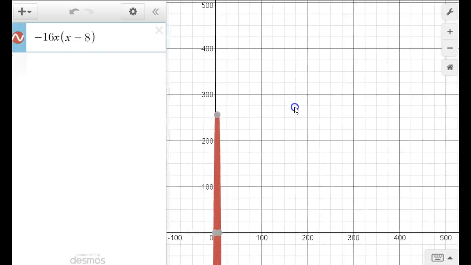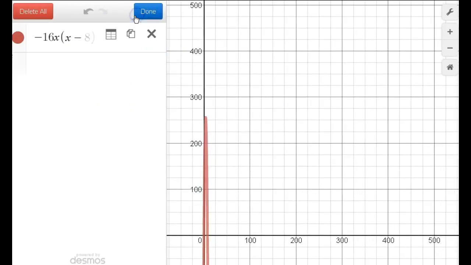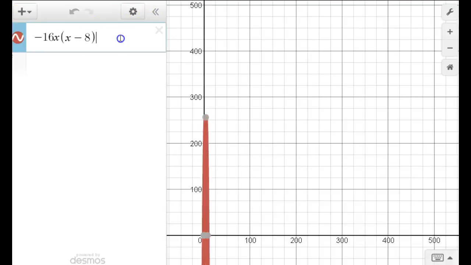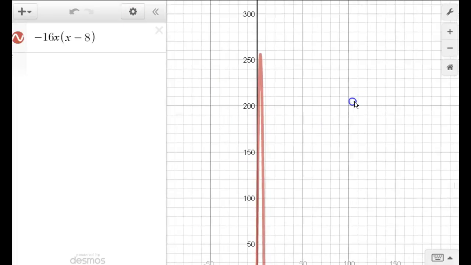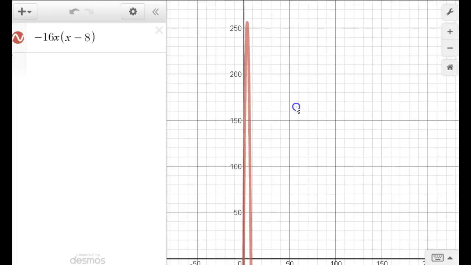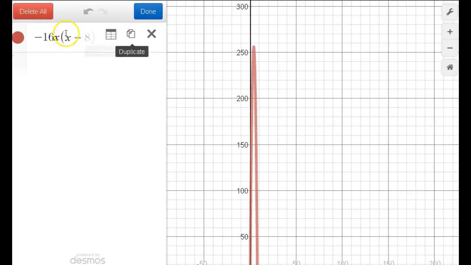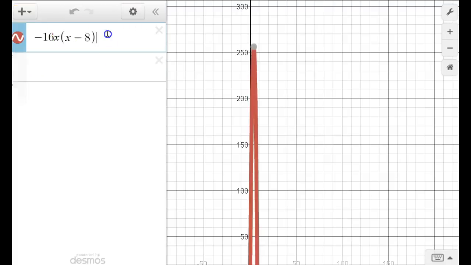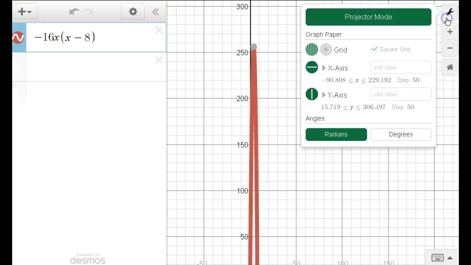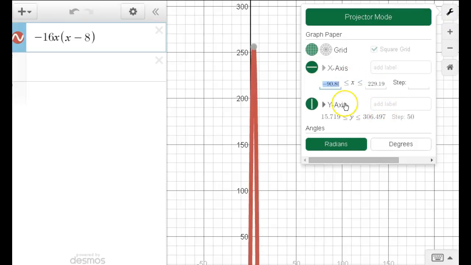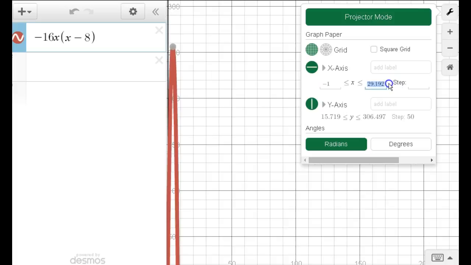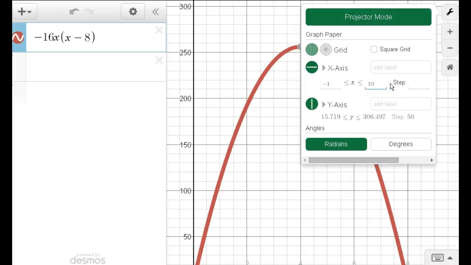Okay, so if I graph this, can you figure out that the parabola looks something like this? I'll make the y and x axes a little bit smaller, negative 1 to 10. There we go.